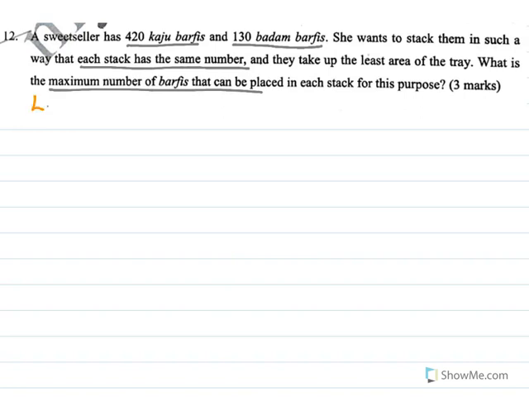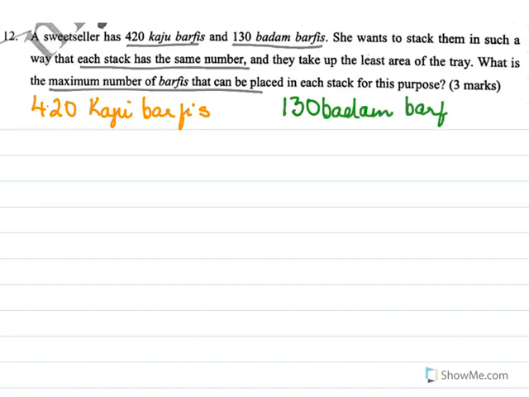So here we have 420 Kaju burfis and 130 almond burfis, and this 420 burfis have to be stacked.